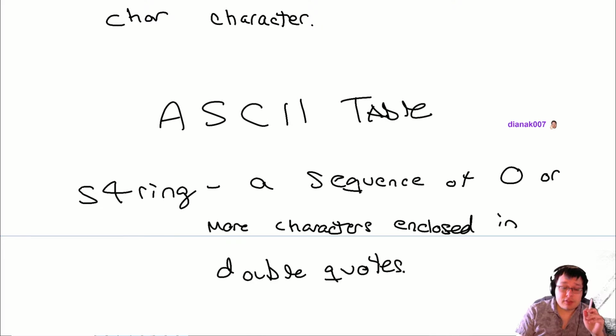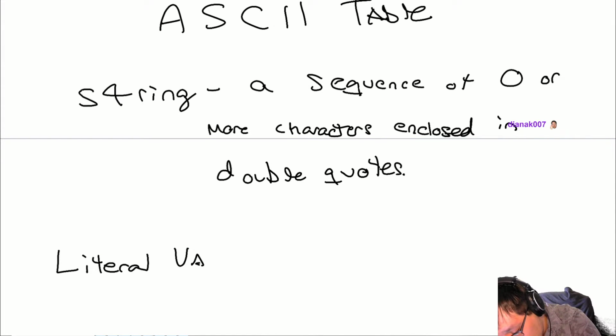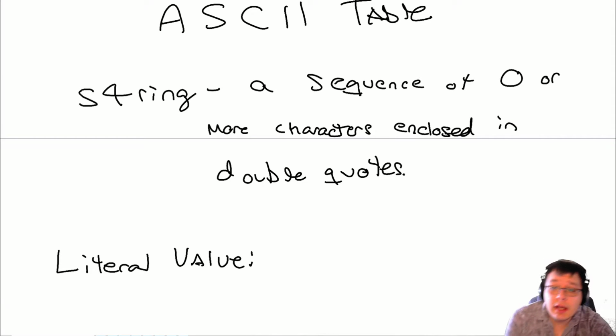However, that string that you wrote, because you didn't actually use the word string in your assignment, is actually called a literal. So let's define that because it's an important term. What is a literal value? A literal value is a fixed value that can be stored in the computer, basically. So it's a constant per se.